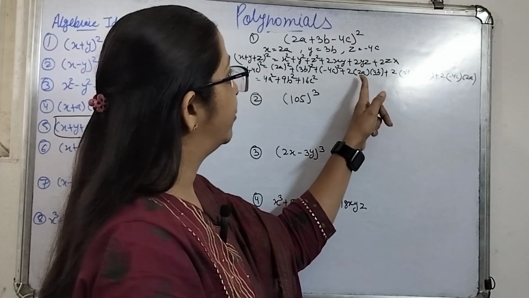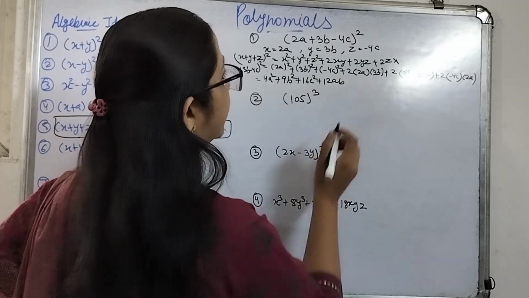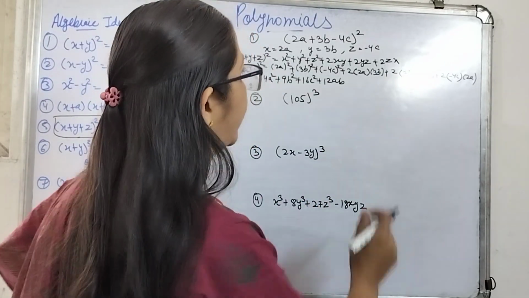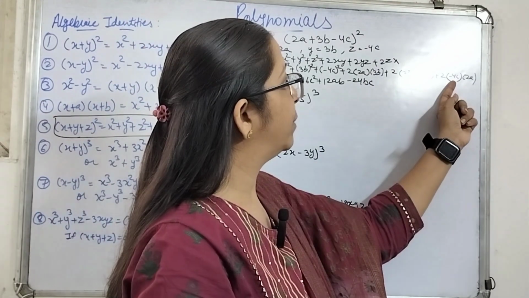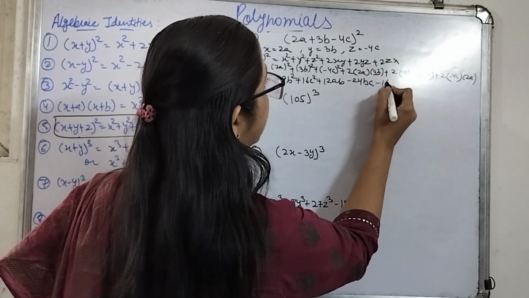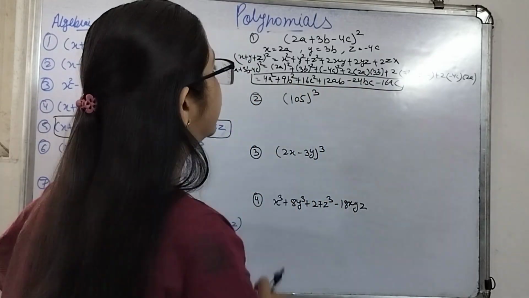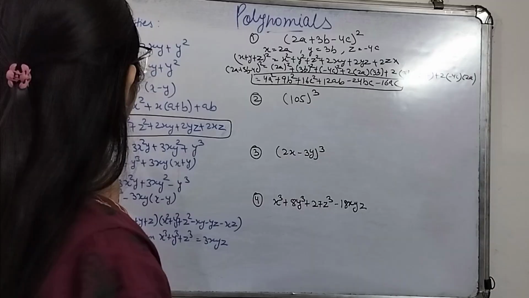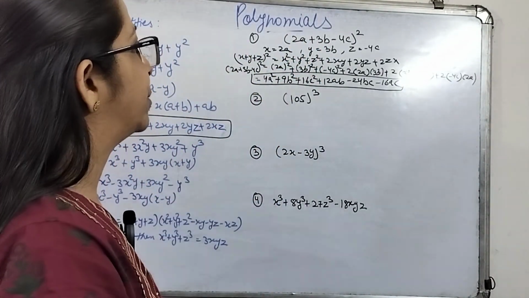Now 2 into 2 will be 4, and 4 3s are 12, plus 12ab. 2 multiplied by 3 is 6, and 6 4s are 24, minus 24bc. 2 multiplied by minus 4 is minus 8, minus 8 into 2 will be minus 16ac. This will be the expansion of the given question. This is how we will be solving. We will compare our question with any of the identities, and we will replace accordingly whatsoever is given to us in the question.